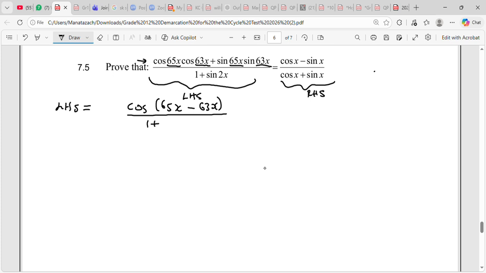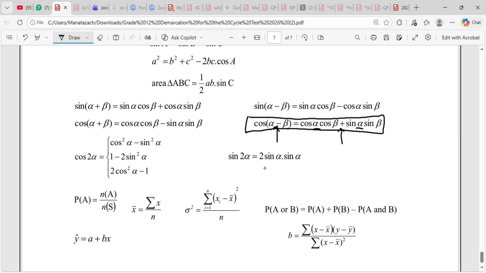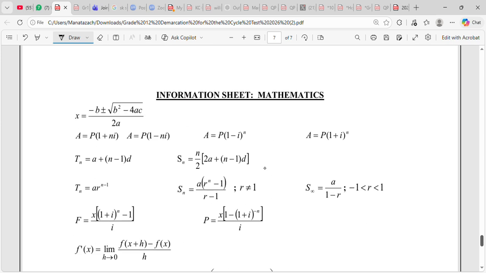So if you want, you can change the sine 2x to 2 sine x cos x, which is the double angle definition, right? So let me just show you in case you're not sure about that. So I'm using that formula here. So I just change it to that.